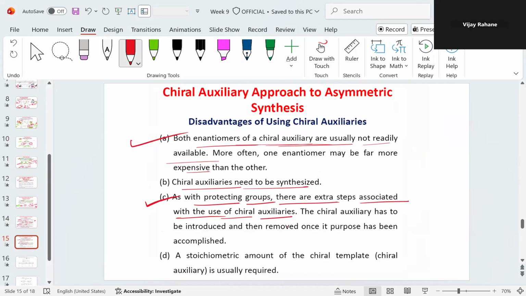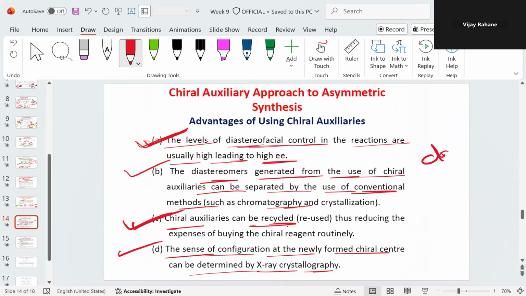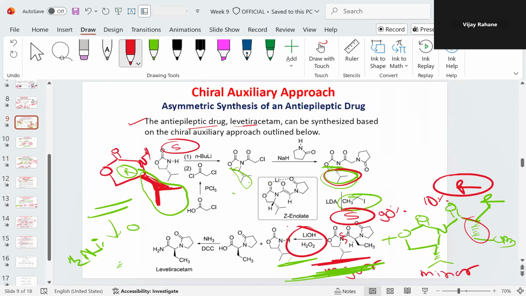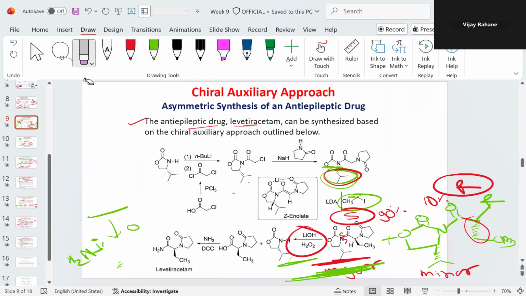And again, we need to use this chiral auxiliary in stoichiometric amount. Why? Because we need to completely convert our starting material to the modified starting material by using the chiral auxiliary. I just showed the example. So you can see here, in this case, we have converted all our starting material to this form.